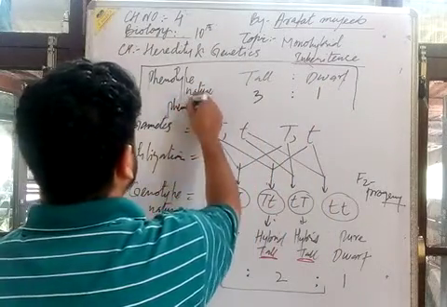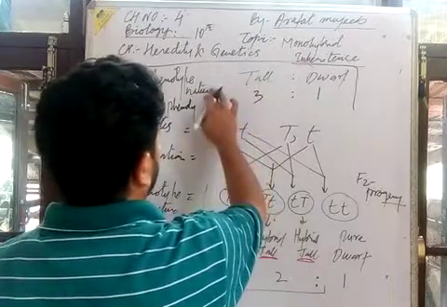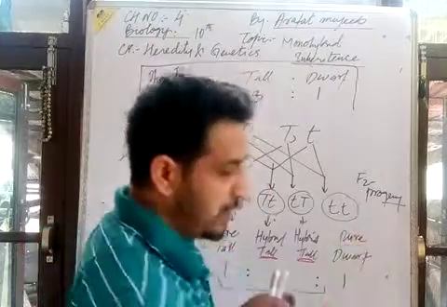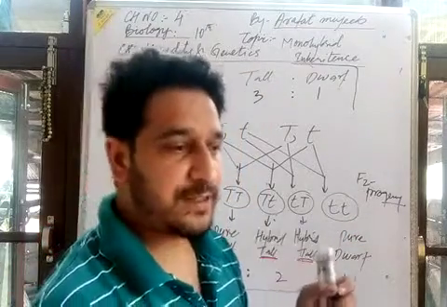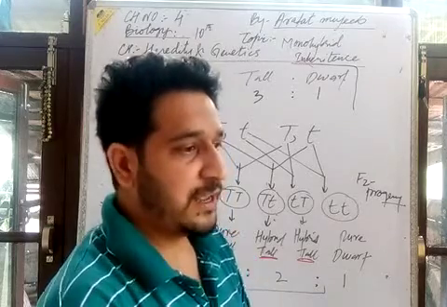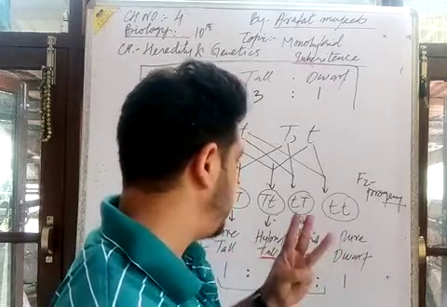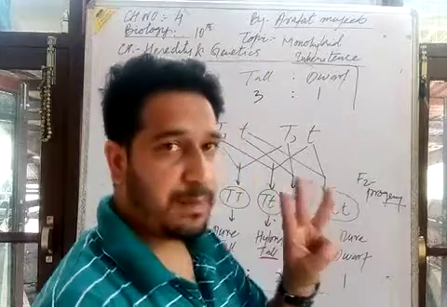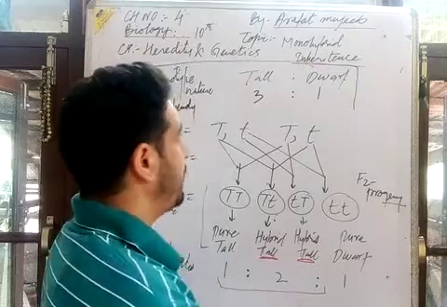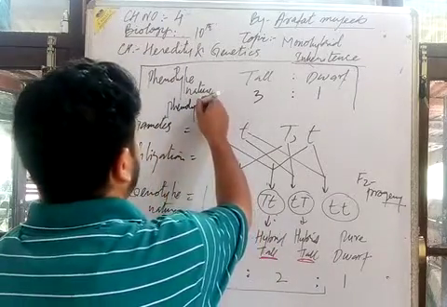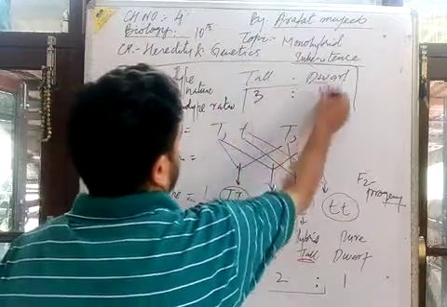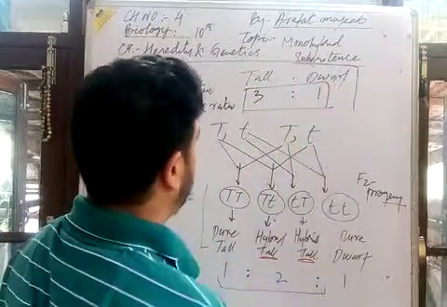In the F2 progeny, John Mendel noticed that there are three tall pea plants, three in number, and one dwarf plant, pure in character. That means the phenotype ratio is 3:1. ये भी important है, ये भी exam में आता है.